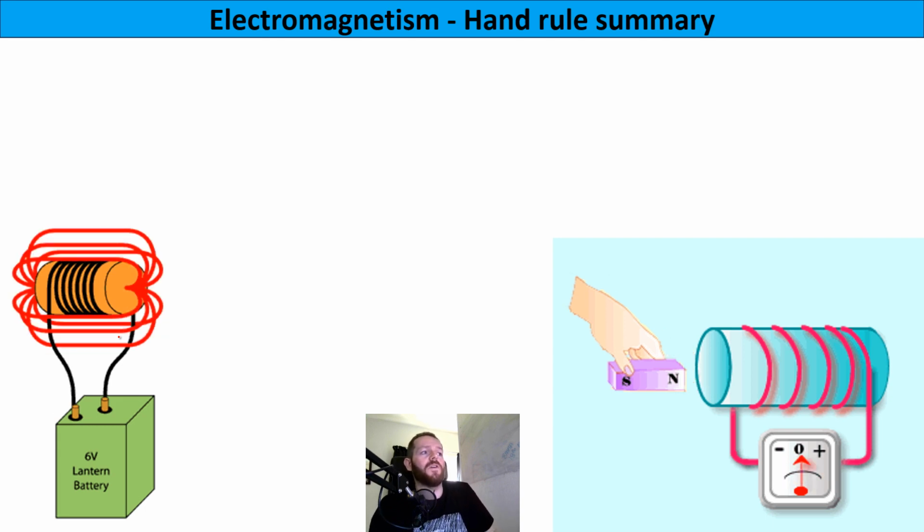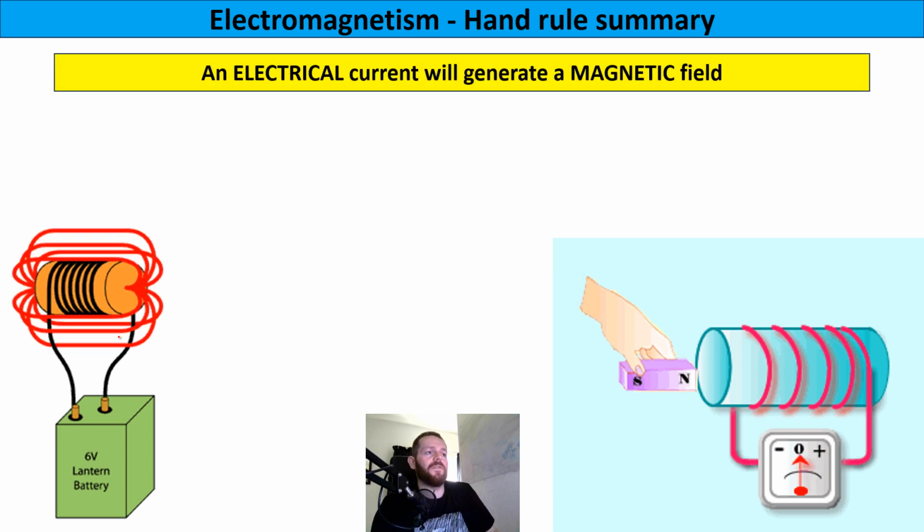So first of all, there's a couple of images up there, but let's just talk about what electromagnetism is. First of all, an electrical current will generate a magnetic field. There's an image there of a coil of wire, a solenoid, attached to a battery. When there's a current passing through the wire, red lines appear.